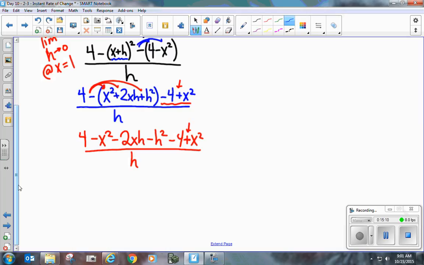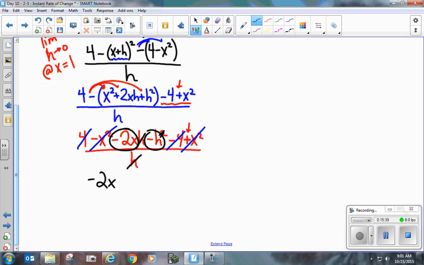Okay? So let's see if we did this right. We have a negative 4, a positive 4, that's good. And, oh, good thing I changed that. A positive x squared with a negative x squared. I did that correct because everything left in the top has an h that I can cancel my denominator with. This goes into this term and goes into this term. I cancel an h each. So I have negative 2x minus h left.